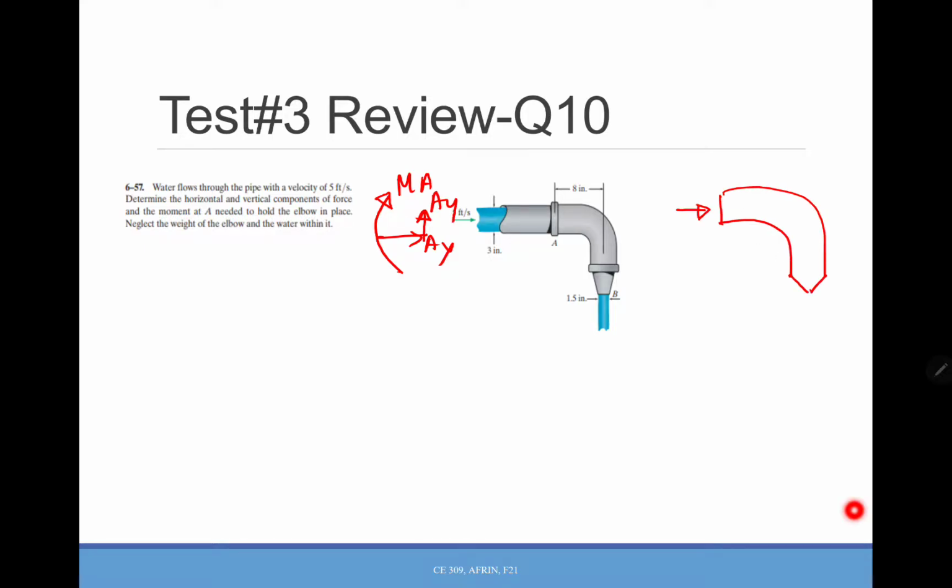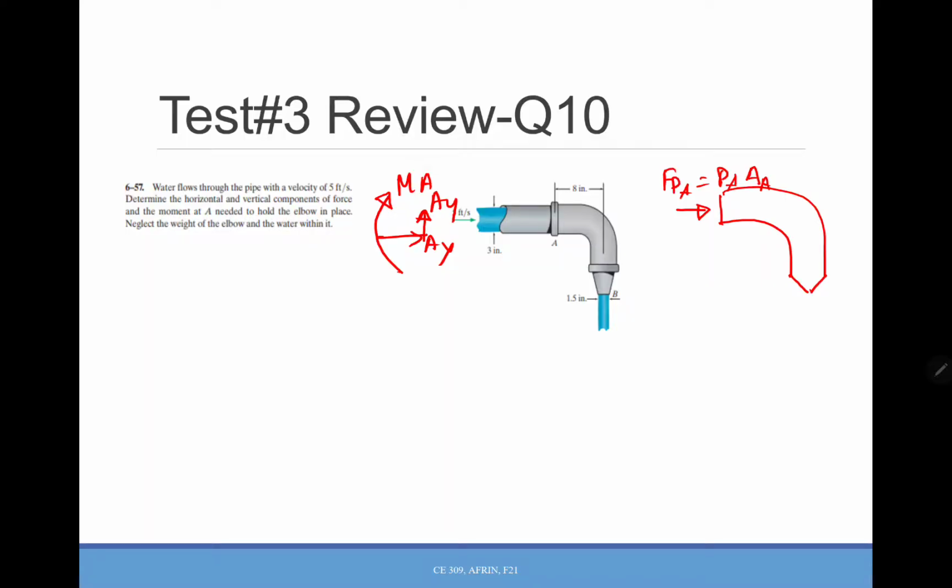This is the pressure force P1 or PA AA, and you have just AX and AY. That is the free body diagram.